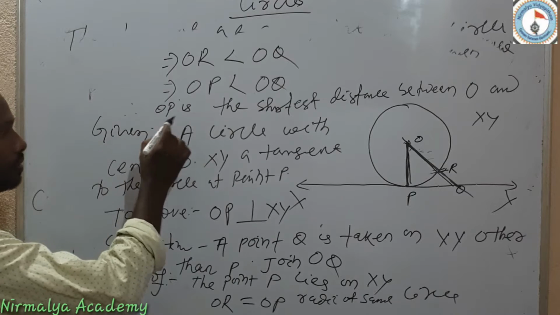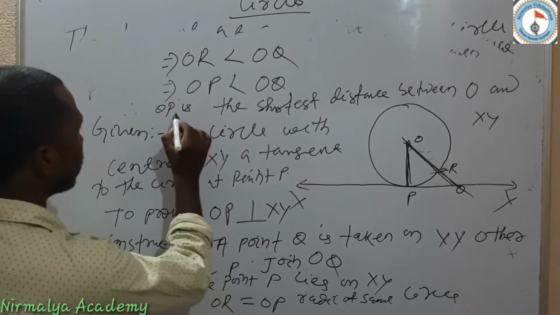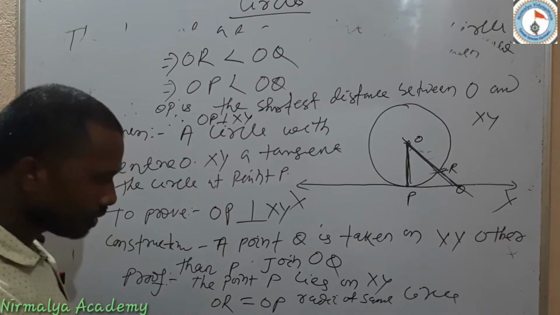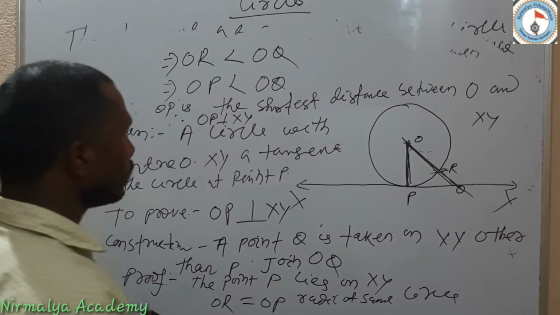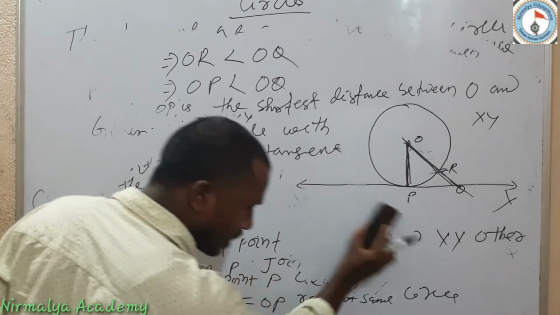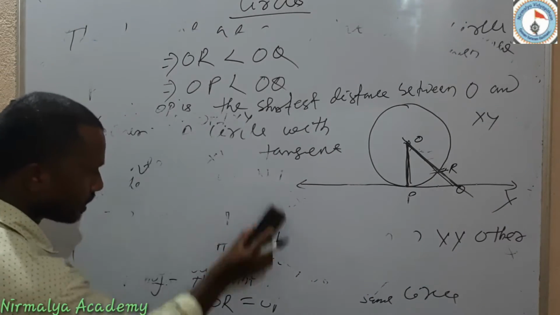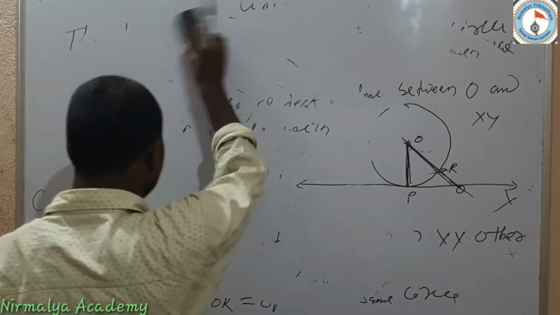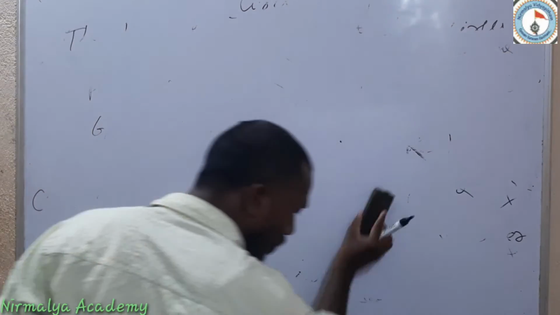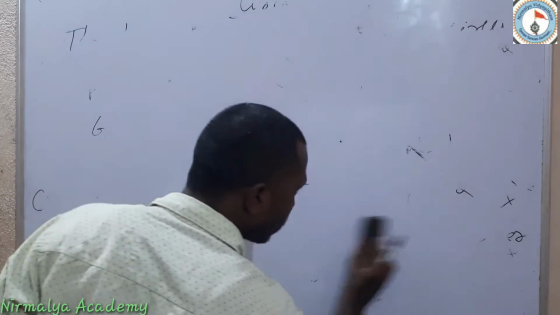Therefore, OP is perpendicular to XY. Next thing, we will discuss the number of tangents from a point on a circle.